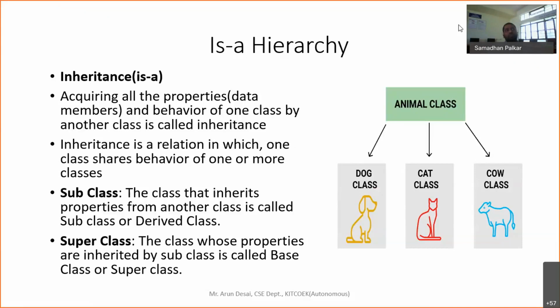Now, the class whose properties are inherited by another class is called the base class or super class, and the class that inherits properties from another class is called the derived class or subclass. So the base class is always generalized, whereas the subclass is always specialized.